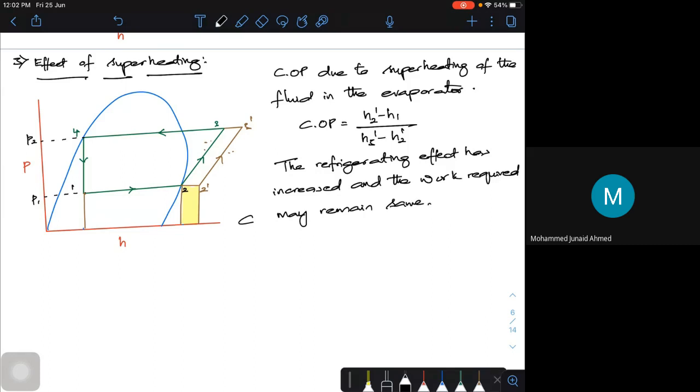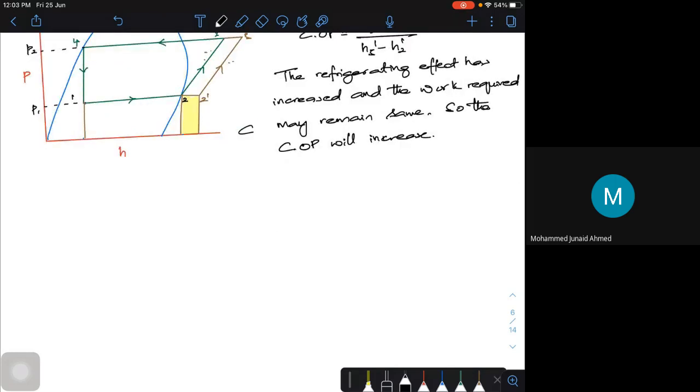So the COP will increase due to superheating.